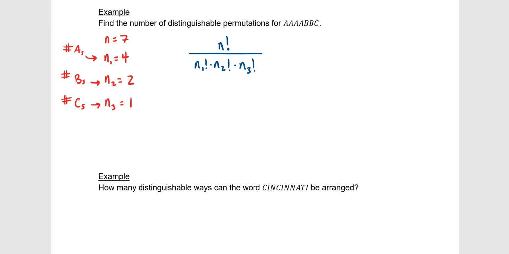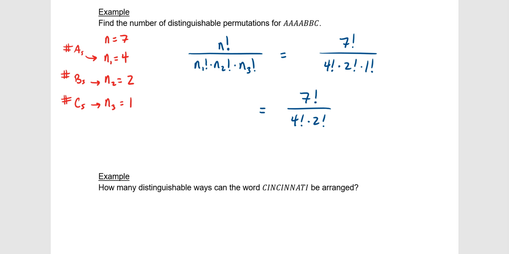So let's plug in our values. It's going to be 7 factorial divided by 4 factorial times 2 factorial times 1 factorial. Let's just leave out the 1 factorial: 7 factorial over 4 factorial times 2 factorial, because 1 factorial is just 1.